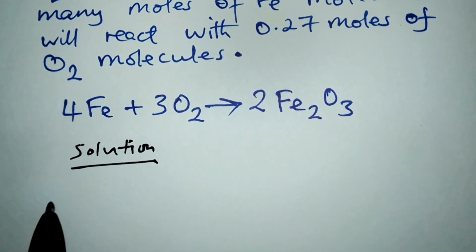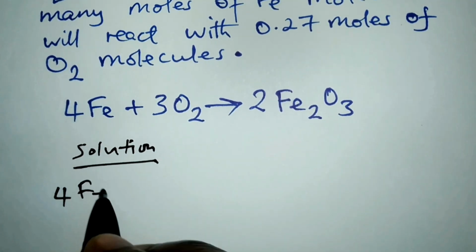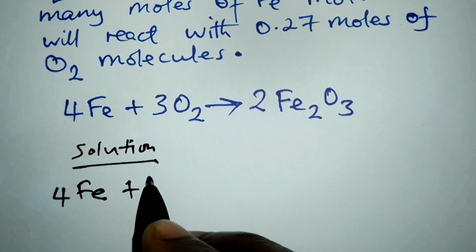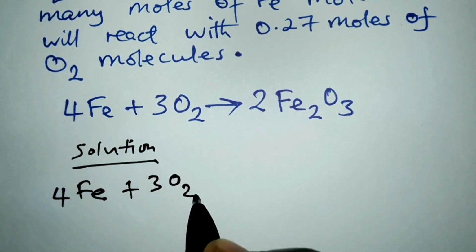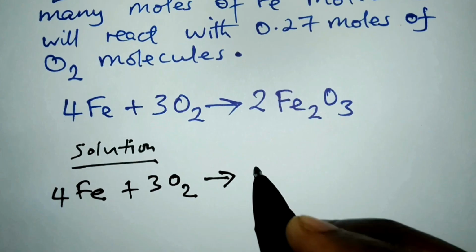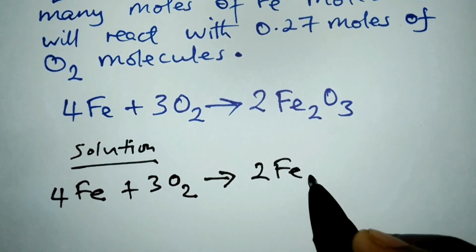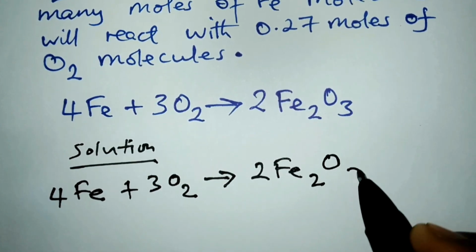We are given 4 Fe plus 3 O2 producing 2 Fe2O3.